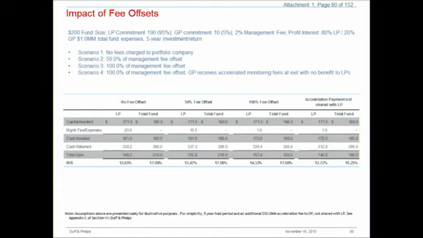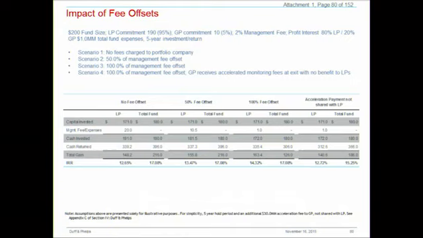So again, we've got several different scenarios. In looking at this, we still have our base case scenario, no fee offset. The second scenario is a 50% fee offset.